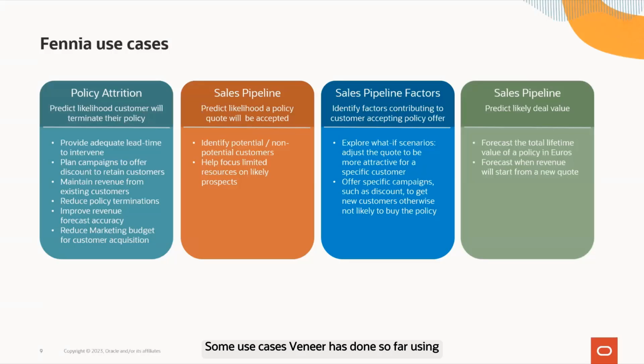So some use cases Finnia has done so far using Oracle machine learning. Policy attrition. They've been trying to predict the likelihood for a customer to leave, to terminate their policy. This is very useful for many reasons: to maintain the revenue from existing customers, of course, or reducing policy terminations. They also want to improve the revenue forecast accuracy by knowing their customers, and reduce marketing budget for customer acquisitions.